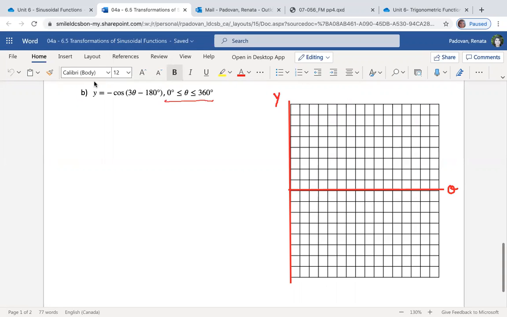Now, do you remember what I was saying before? How this 3 here doesn't have a bracket between the 3 and theta. So I need to factor that out. So let's rewrite the equation. So I have y equaling negative cos bracket 3 bracket. And again, if I pulled the 3 out, 3 theta divided by 3 would be theta left, negative 180 divided by 3, right, would be 6, 12, 18.